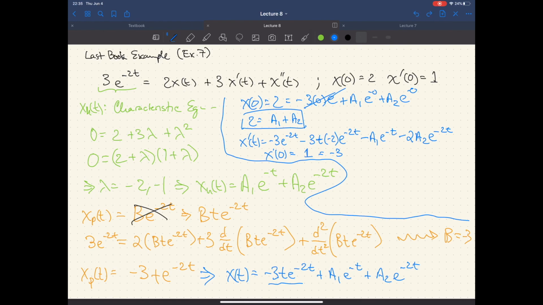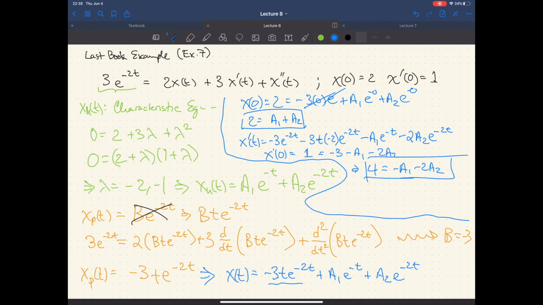Our third term is just minus a1. Our fourth term is minus 2a2. So we end up with 4 is equal to minus a1 minus 2a2. You should be able to put those two together and figure out what's what.